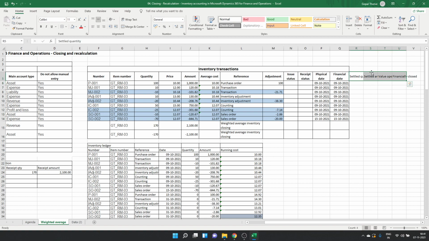Okay, so these are the fields which are maintained for valuation methods, all valuation methods other than standard and moving average. In this case, both the dates are same, which are closing that.